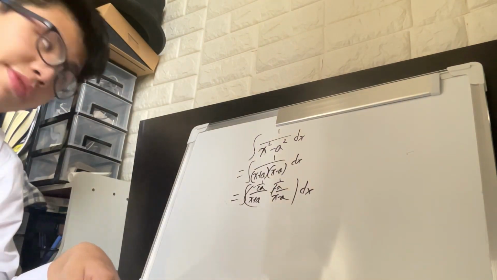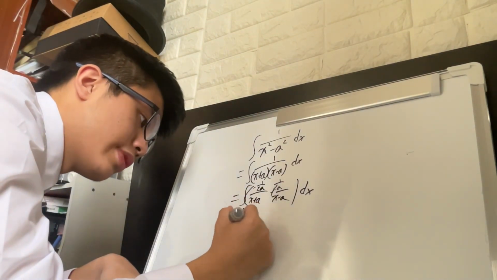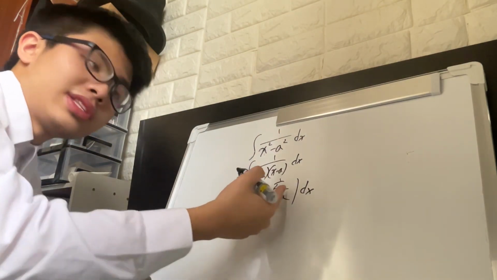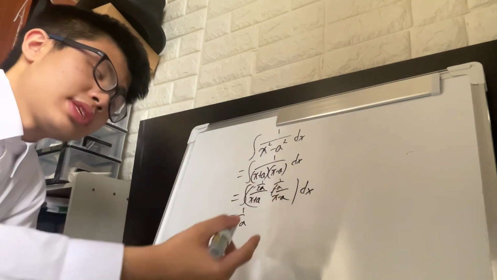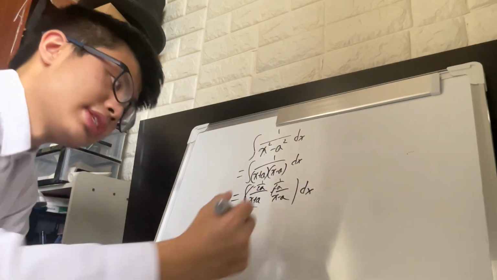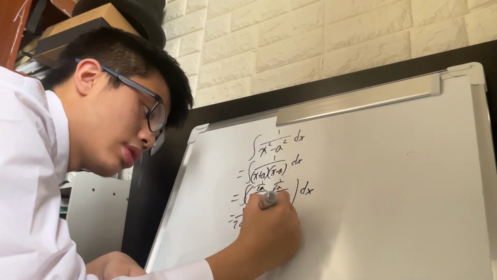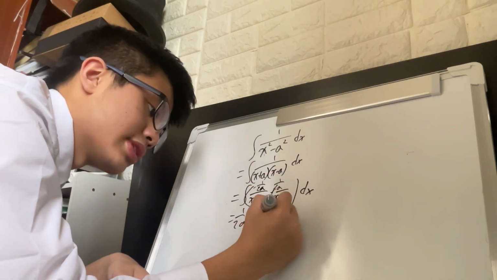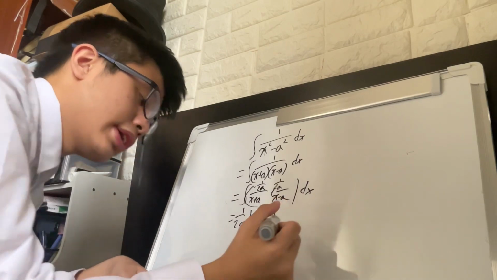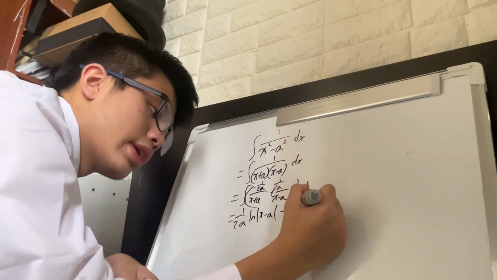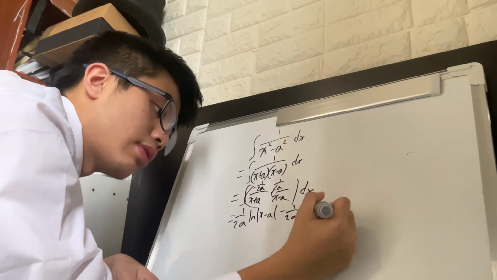Here we're going to factor out the 1 over 2a. The integral, we put the positive one first. The integral of 1 over x minus a is natural log, ln of the absolute value of x minus a. And then the other one is minus 1 over 2a ln of the absolute value of x plus a.